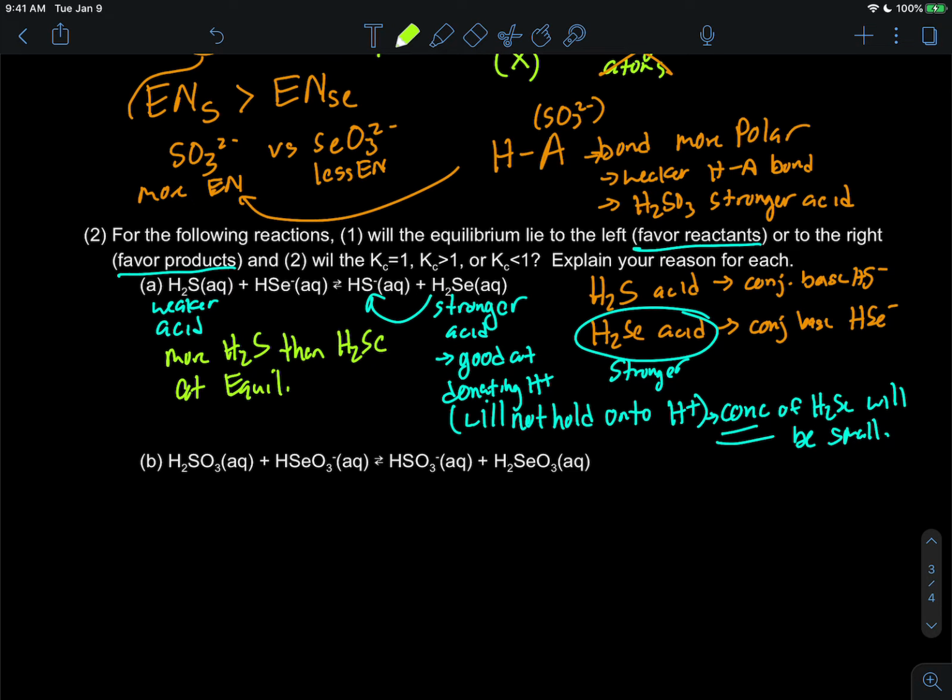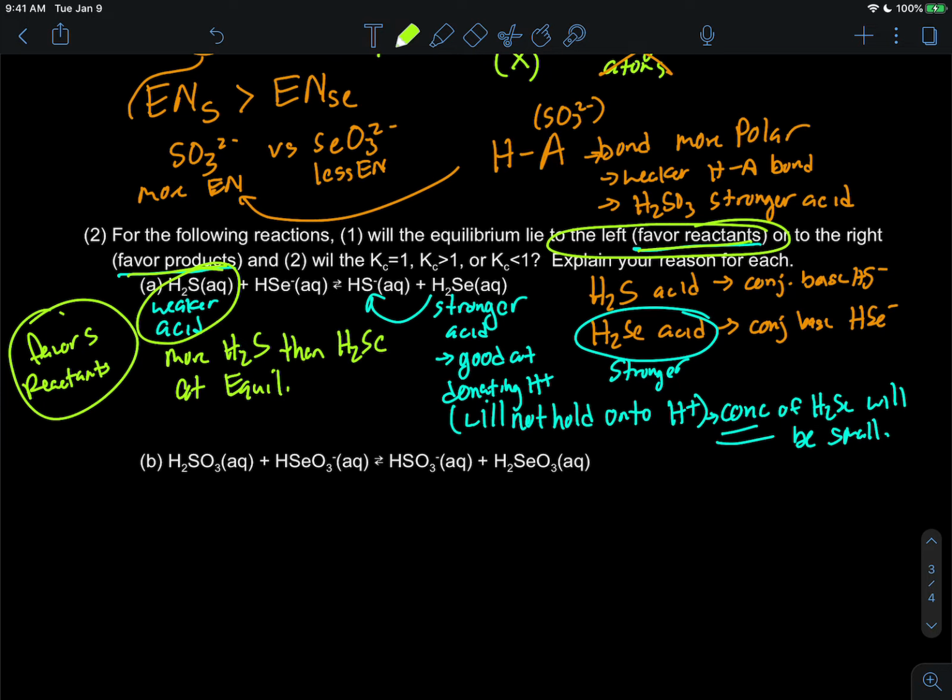Well, we think, how does that relate back to favoring the reactants or favoring the products? That means we're going to have more reactants at equilibrium and fewer products at equilibrium. Okay, so here this reaction favors our reactants. Again, that's because we're going to have more of our reactants, more of our weaker acid at equilibrium. We'll connect that back to our Kc value being less than 1, greater than 1, or equal to 1.